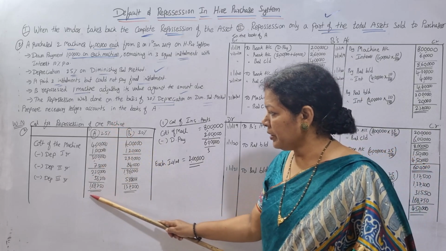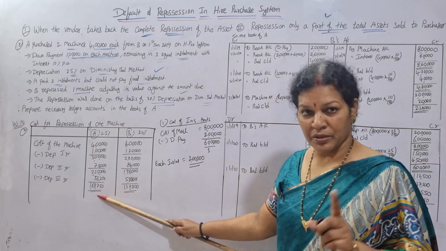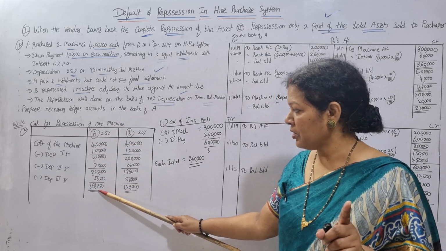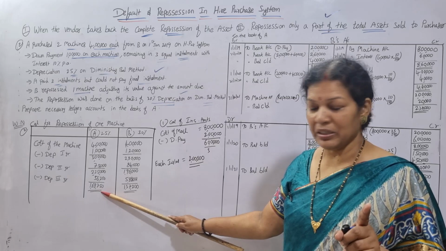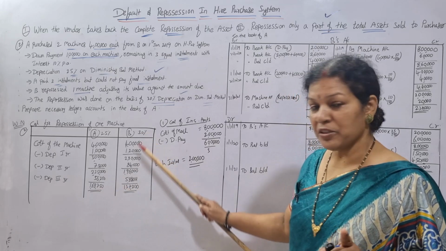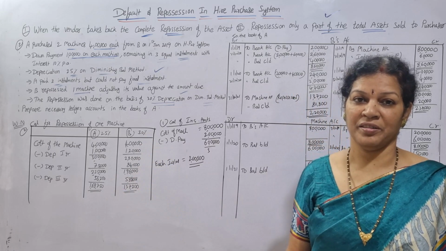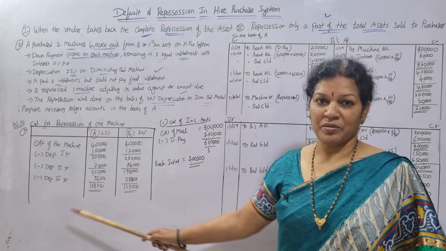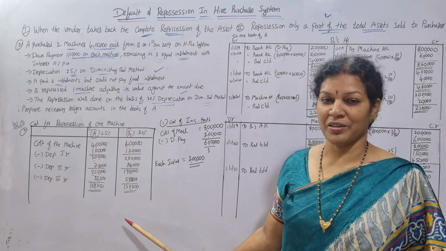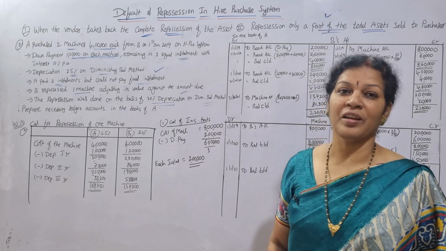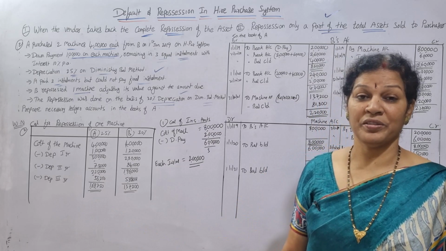Now, as per A, the value of the one repossessed machine is 1,68,750. But as per B, the value is 1,37,200. This is more, and B is saying this is less. The difference is the loss.